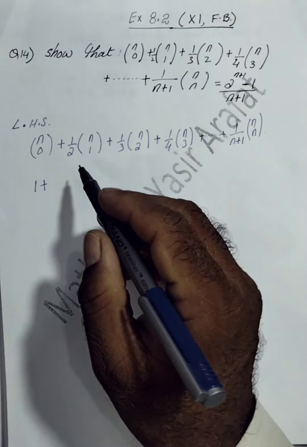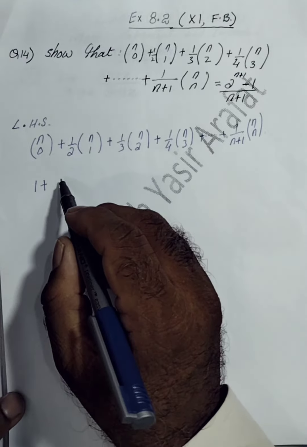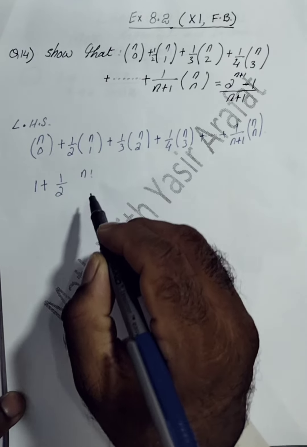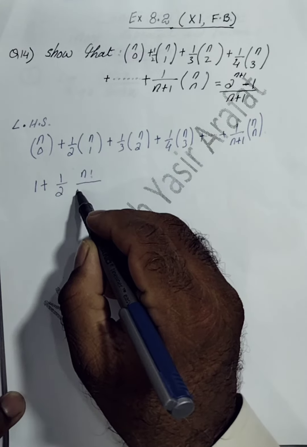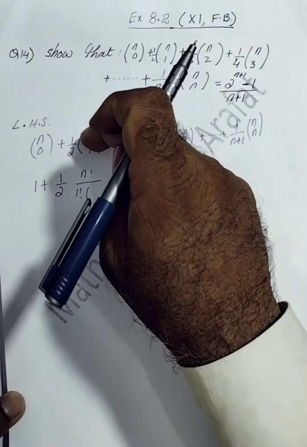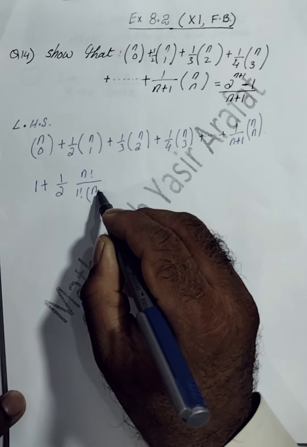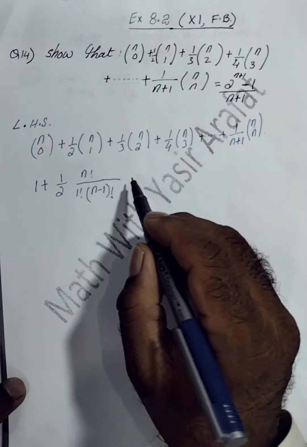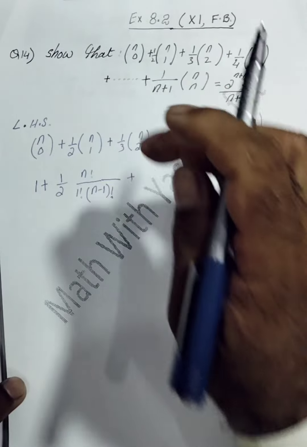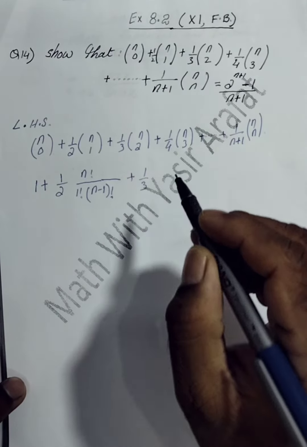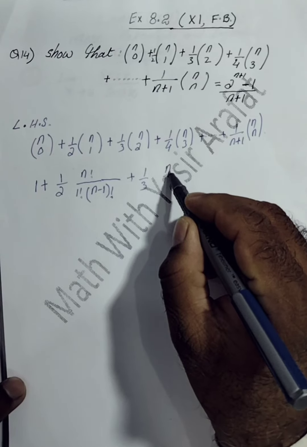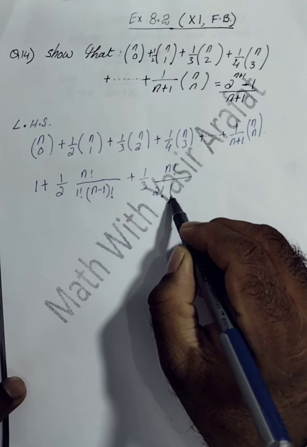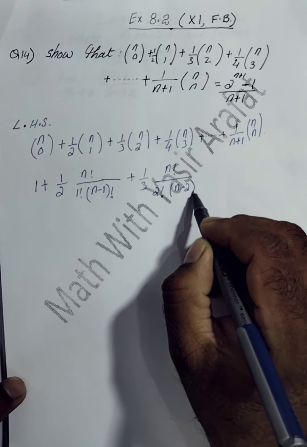Here directly we have to expand. We have to use the formula n factorial divided by r factorial, meaning 1 factorial, and then the difference of these two factorials. Now again come to this factor here, 1 upon 3 remains the same, nC2, so this is n factorial divided by 2 factorial and n minus 2 factorial.